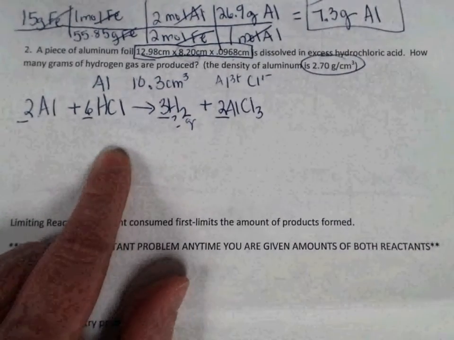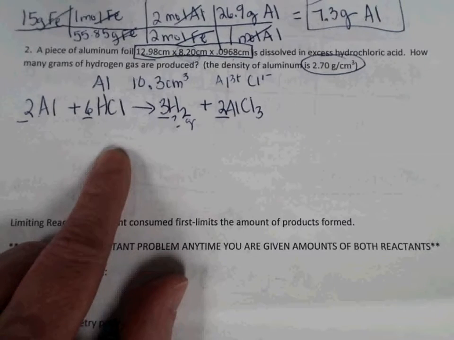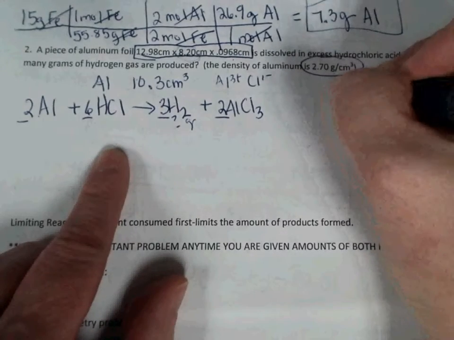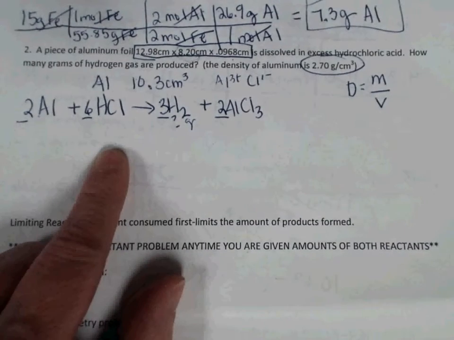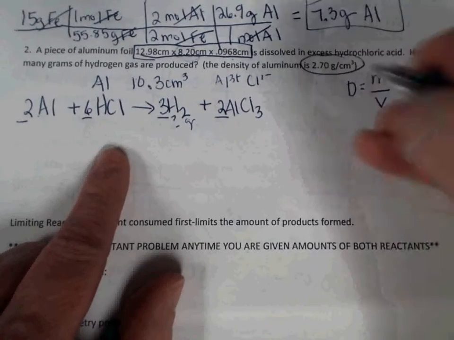All right, so now I also know the density of aluminum. Now if it gives me the density and I know the volume, can I find the mass? Yes. Because density is mass over volume, right? Here comes all those math skills y'all have.